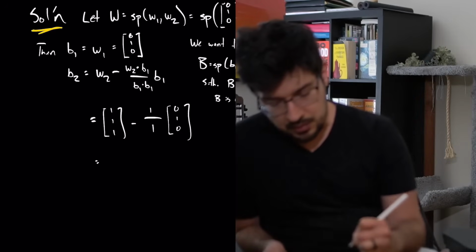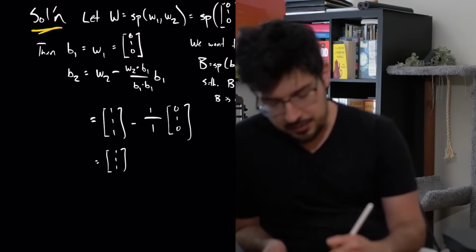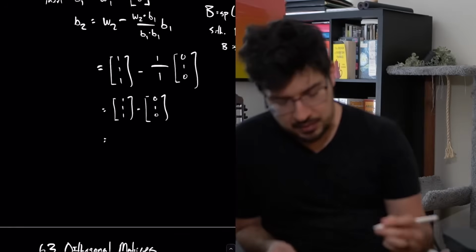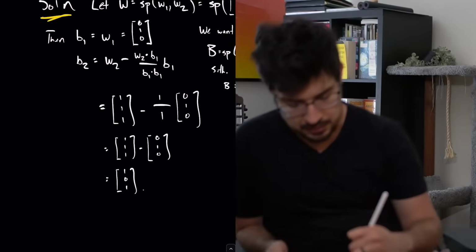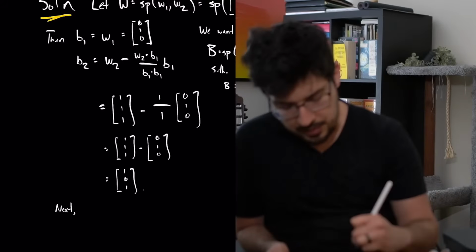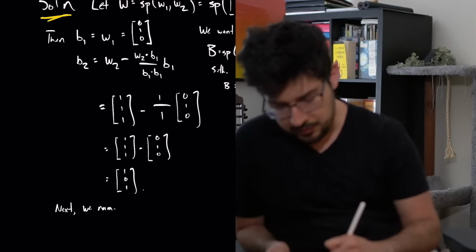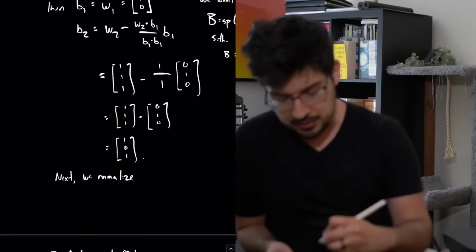So this would be the vector 1, 1, 1 minus the vector 0, 1, 0. And now this vector is 1, 0, 1. Next, we normalize. We haven't yet normalized our vectors.